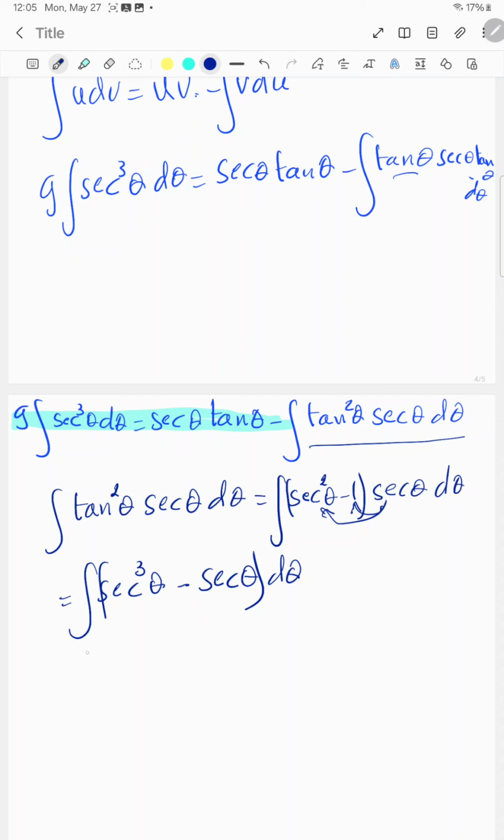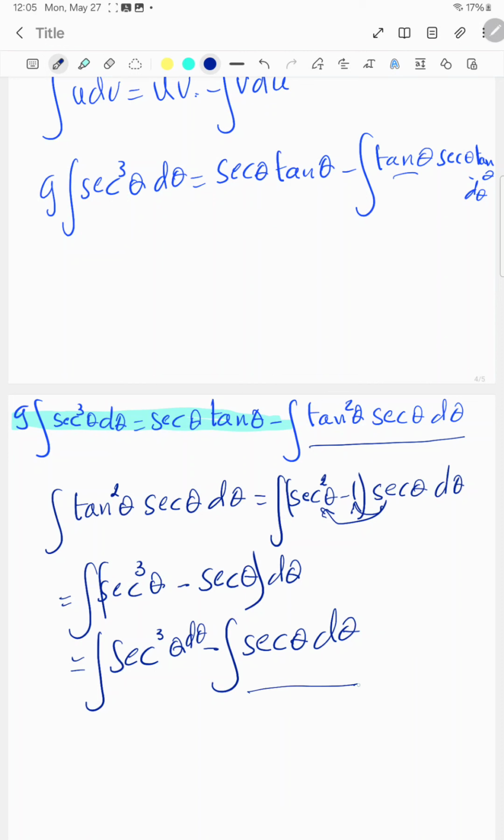I know the integral of sec theta actually is ln of sec theta plus tan theta. So this is minus ln of sec theta plus tan theta plus c.